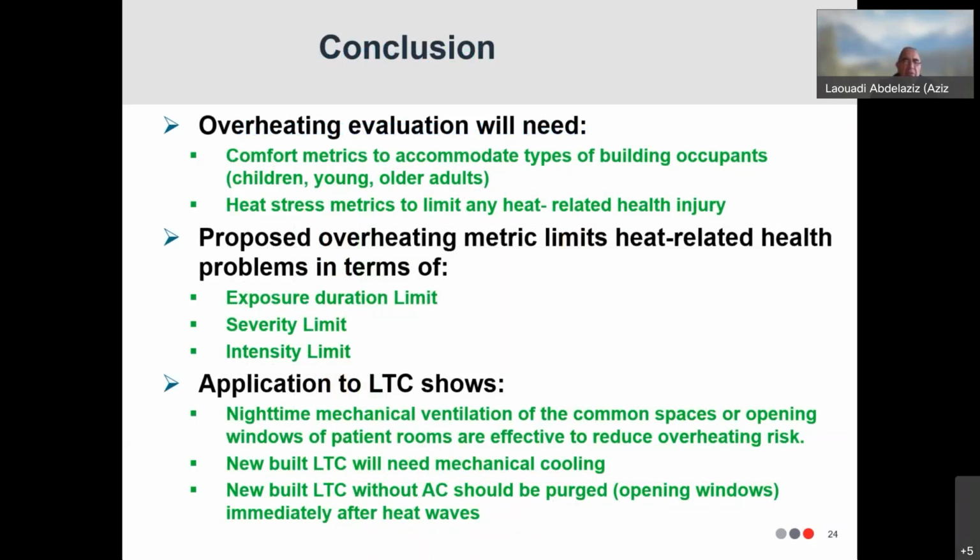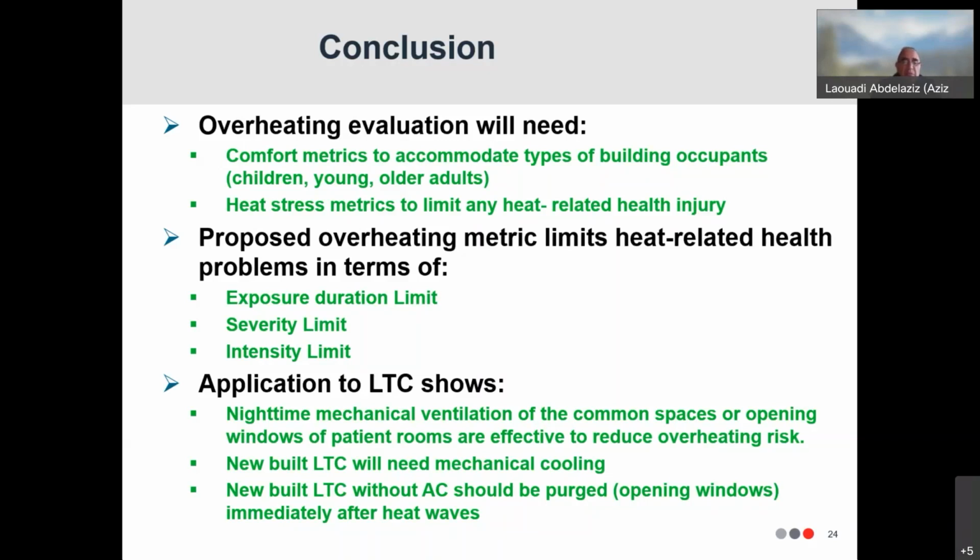Application of the method to long-term care buildings shows that nighttime mechanical ventilation of the common spaces or opening windows of patient rooms are the most effective strategies to reduce overheating risk, but they are not enough to eliminate the risk. Therefore, newly constructed buildings will need mechanical cooling.